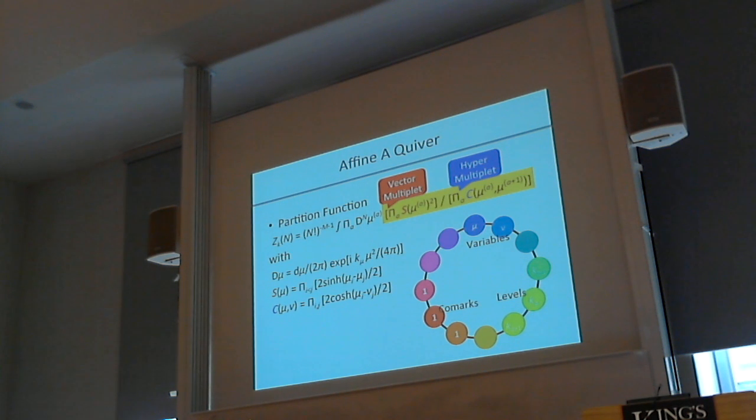Then in the Abelian case, the partition function is written as a multiple integration of this factor. Here the numerator comes from the vector multiplet and the denominator comes from the hypermultiplet.